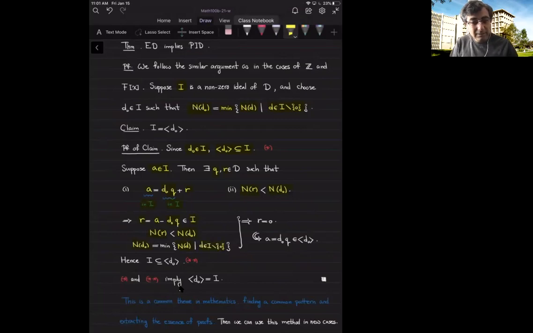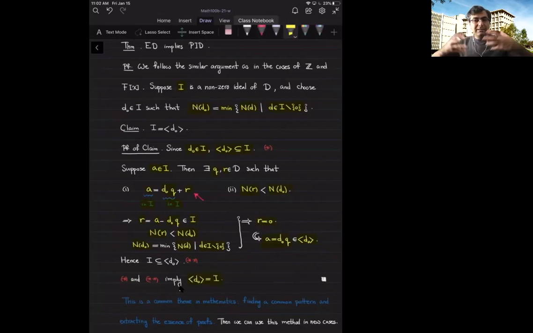That means r should be 0, because no non-zero element of this ideal can have norm strictly less than the norm of d-naught. Now, going back to this equality and plugging in r equals 0, we deduce that a is indeed a multiple of d-naught, which means it is in the principal ideal generated by d-naught. So altogether, we deduce that I is the principal ideal generated by d-naught.